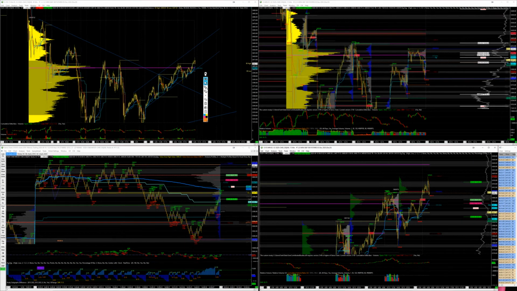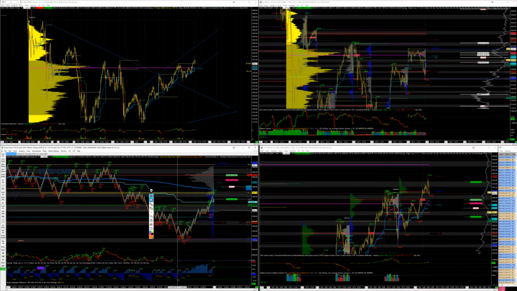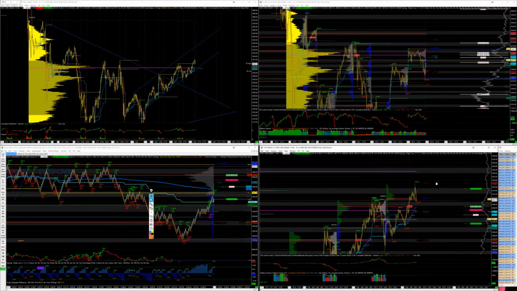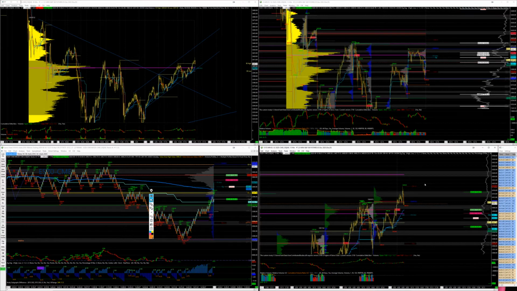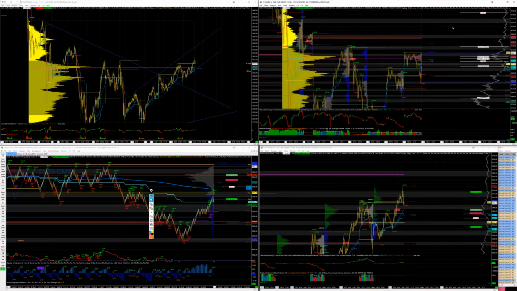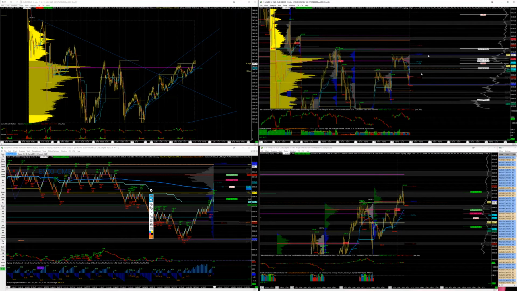So, scenarios for today. For the 16th, FOMC day today. Scenario 1, I have in blue.